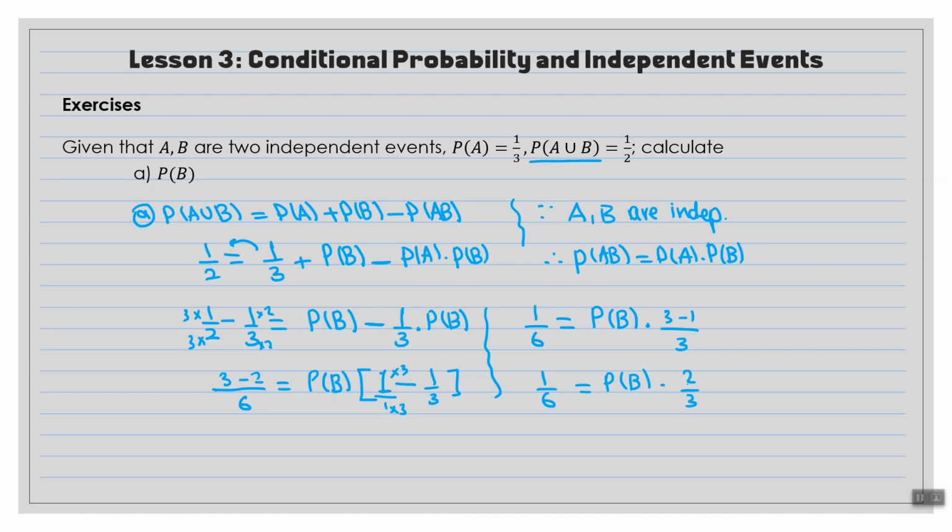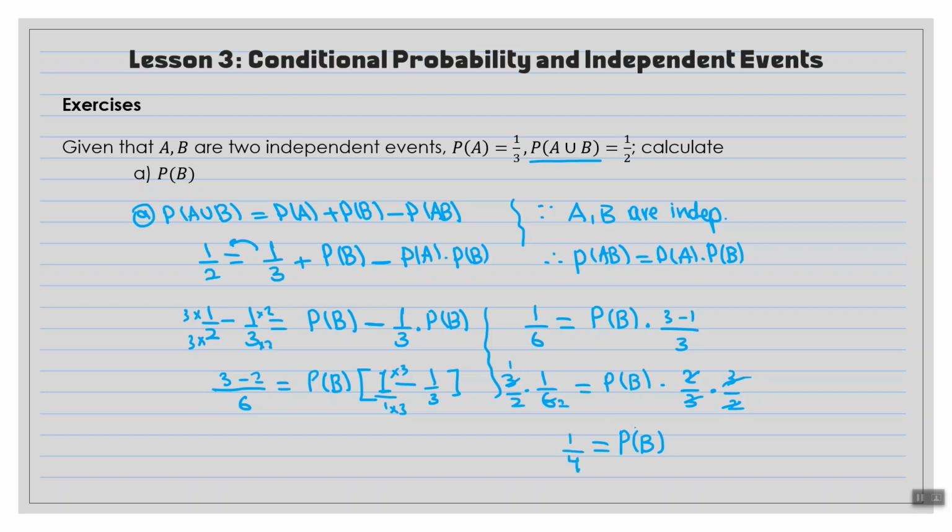Now to cancel 2 over 3, you can divide both sides by 2 over 3, or you can multiply by the reciprocal, 3 over 2, on both sides. This is going to cancel the 2 over 3, and we will get the probability of B eventually equal to, we can cancel the 6 with the 3, we get 1 here and 2 here, so we get 1 over 4.